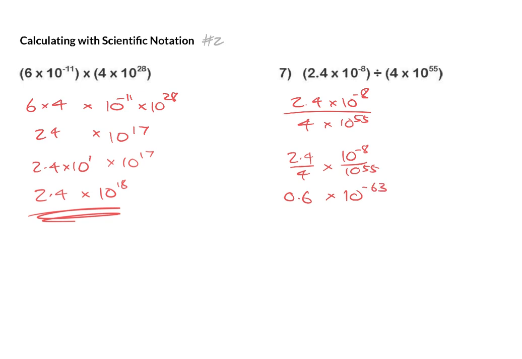It's a really small number. 0.6 is not between 1 and 10, so I'm going to have to rewrite that as 6 times 10 to the negative 1. Again, this is equal to this. And then multiplied by 10 to the negative 63. So now I've got 6 times 10 to the negative 64, because negative 1 plus negative 63 is negative 64. And there's my answer in scientific notation.